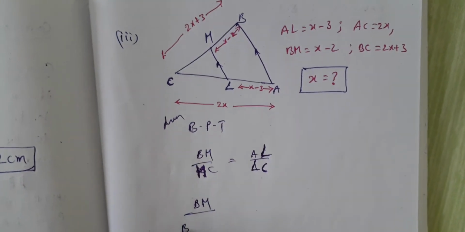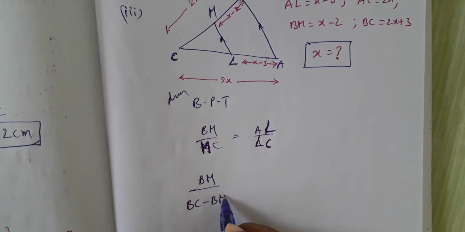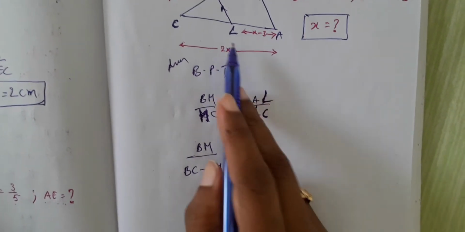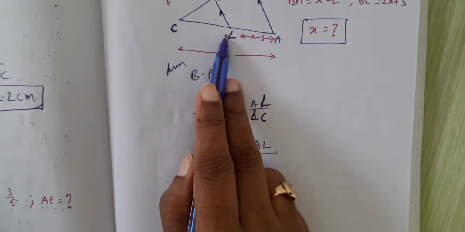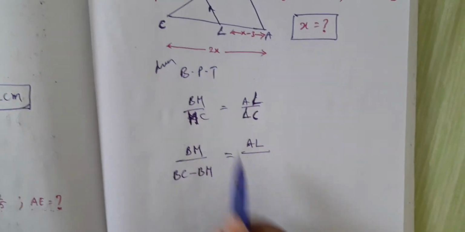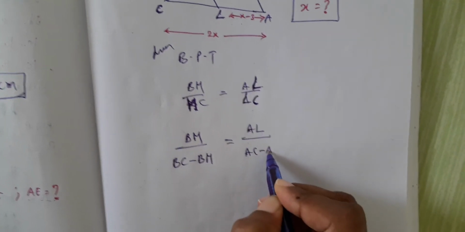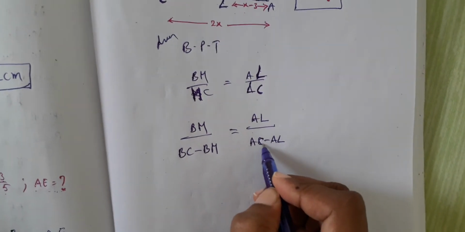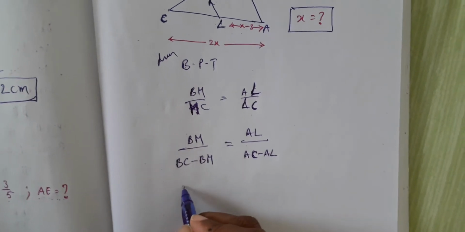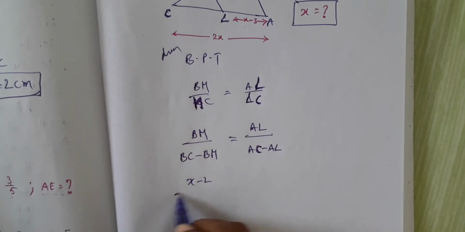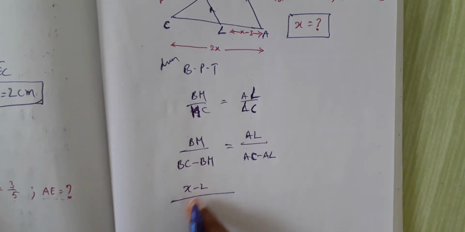So let us write it as BC minus BM, which is equal to AL as it is, because it is given. Now, we don't know LC, therefore we will write it as AC minus AL. Let us substitute all the values now. BM is x minus 2 by BC minus BM.